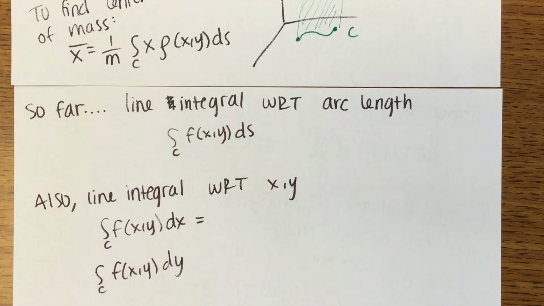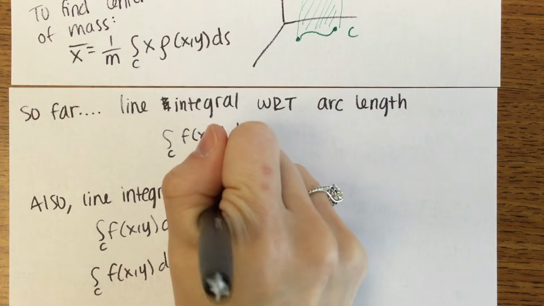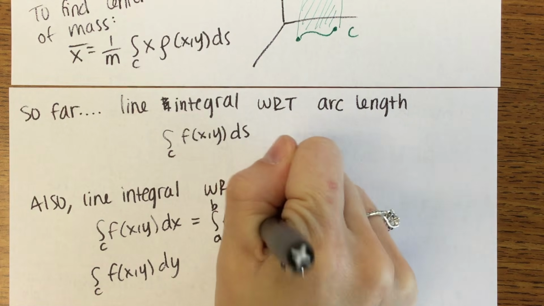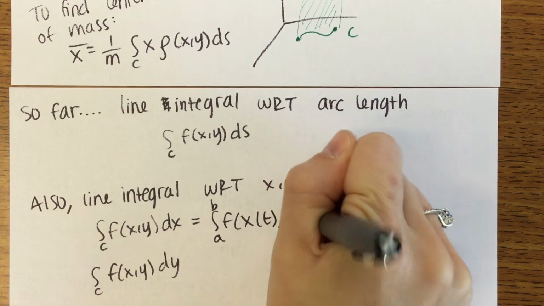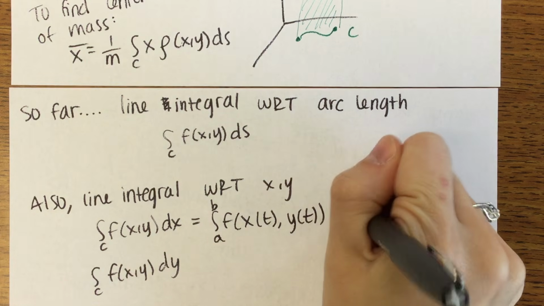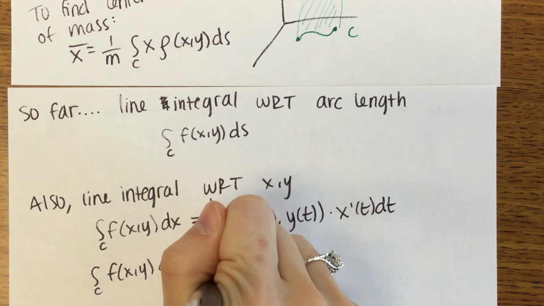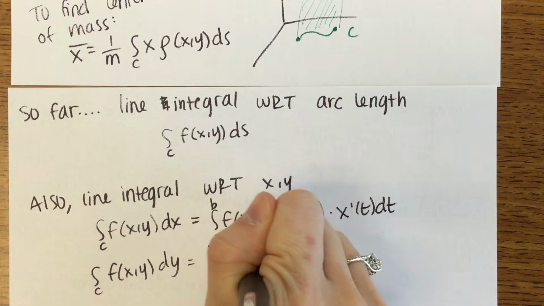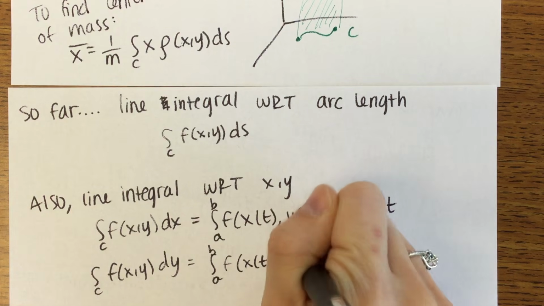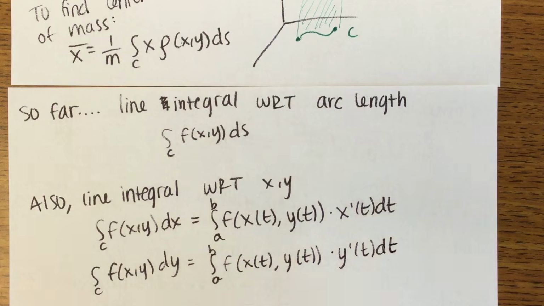If you are doing a line integral with respect to x, like the first one, this will be the integral from a to b of f of x of t, y of t. This should be pretty intuitive. Dx is x prime of t dt. Y is very similar. It's going to be f of x of t, y of t times y prime of t dt.